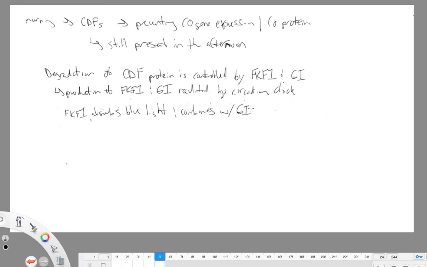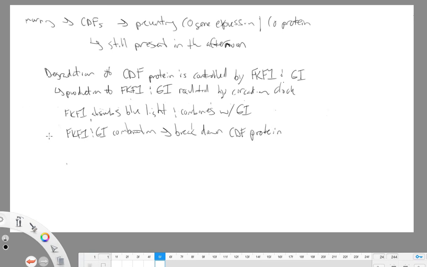And it's this combination, this FKF1 and GI combination, that will break down the CDF protein. So you need the combination to occur.